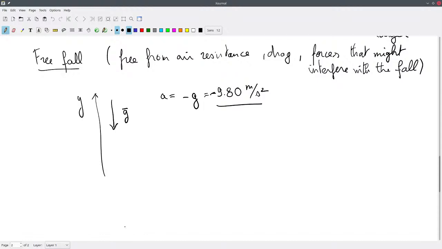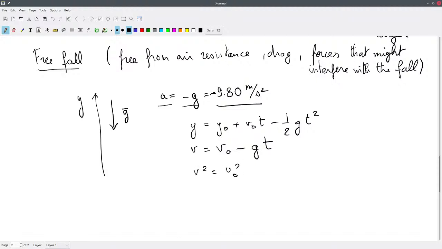The same formulas apply, so we can write that y is y0 plus v0 times t minus 1/2 g t squared. That's because the acceleration is minus g. The velocity will be v0 minus g times t, and v squared will be v0 squared minus 2 g times (y minus y0).